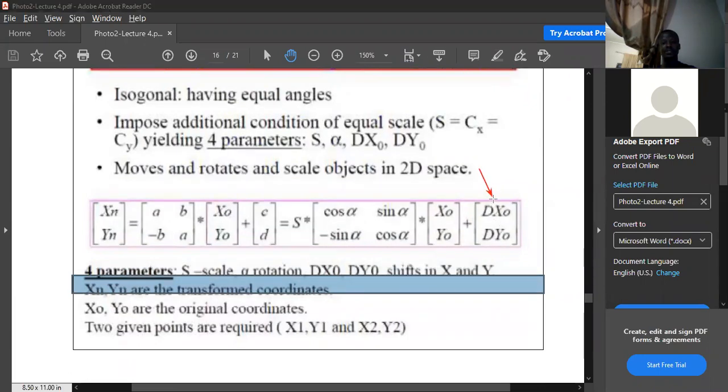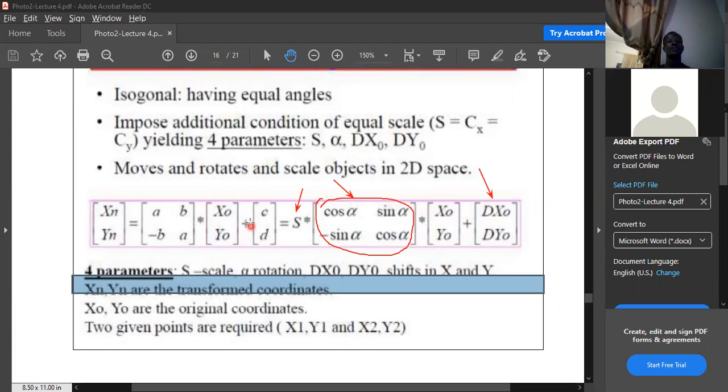This is the shift. This is the rotation matrix, everything here. Then we have the scale. So that's the scale over there, this one.